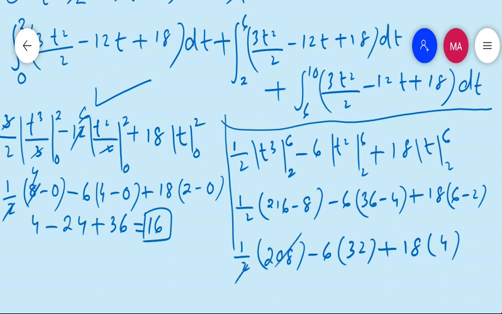So 208 divided by 2 is 104 minus 6 into 32. 6 multiplied by 32 is 192. Plus 18 fours are 72.